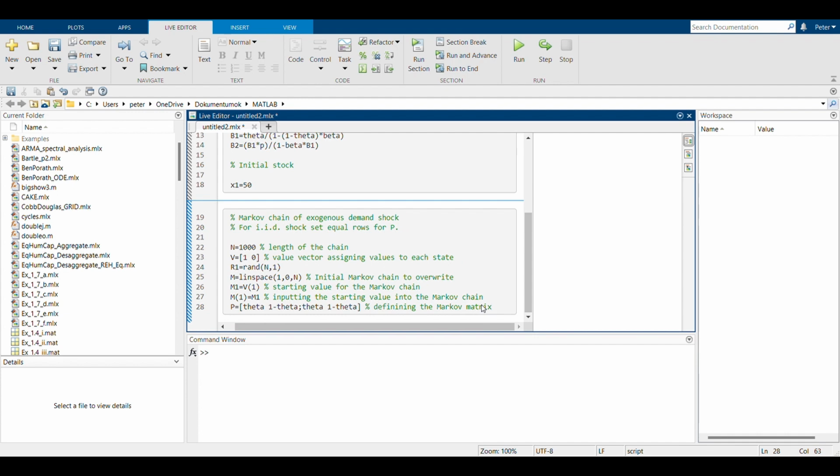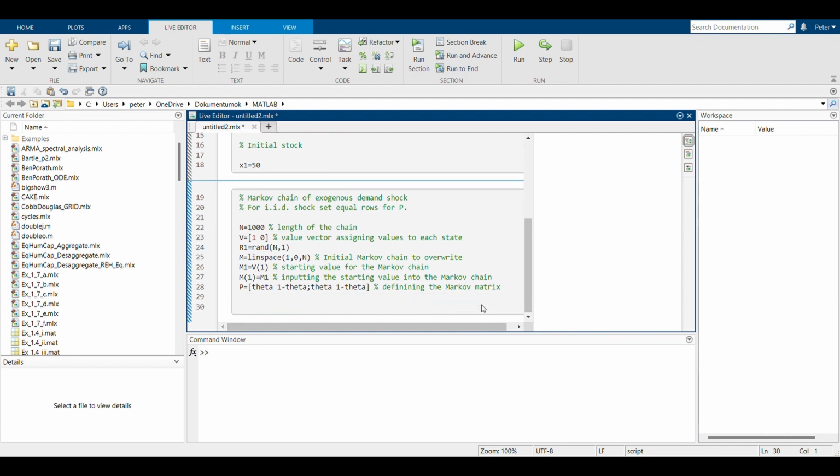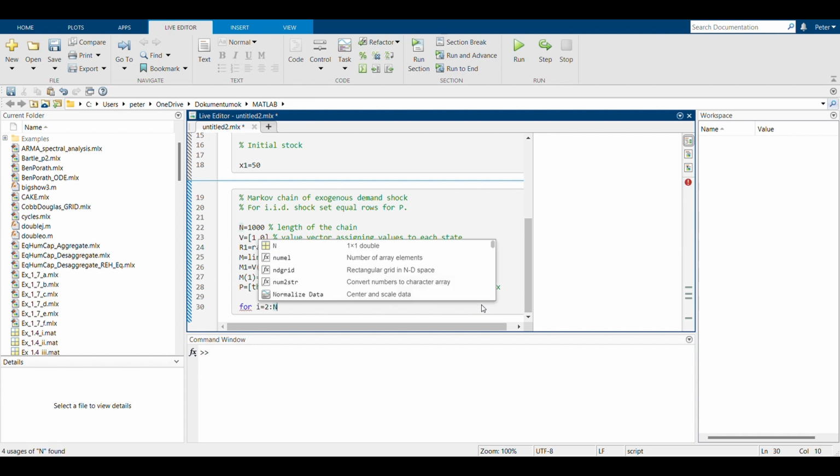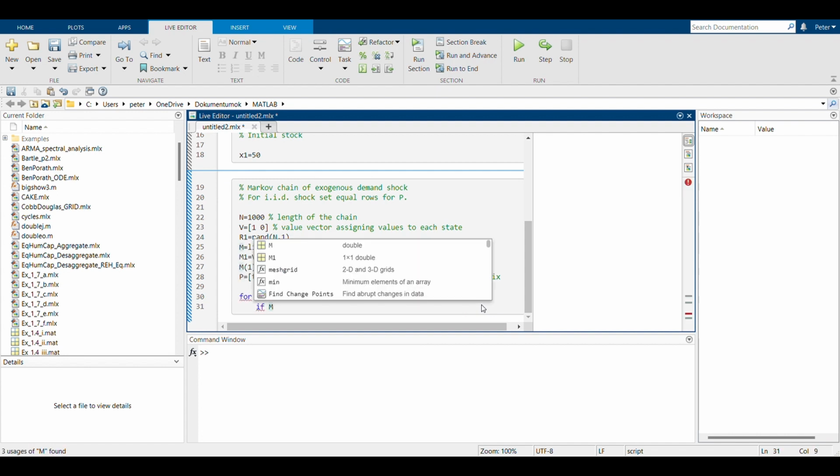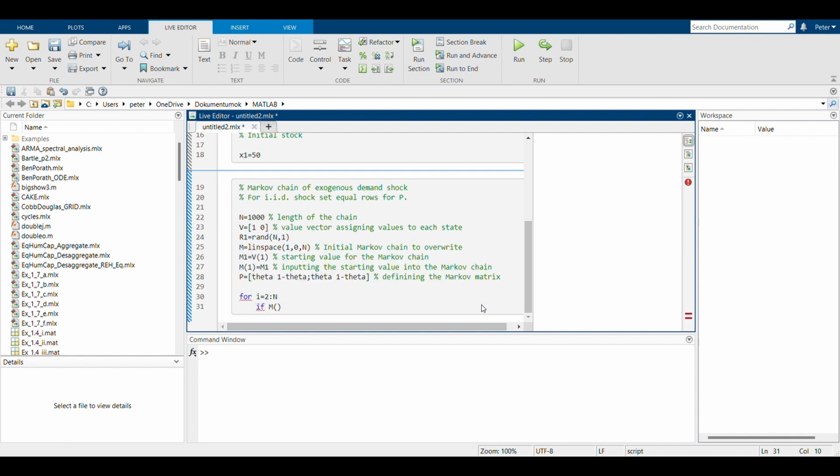Okay, here we go. And now, as a next step, we will actually generate the Markov chain with the given values, following the steps we established previously.